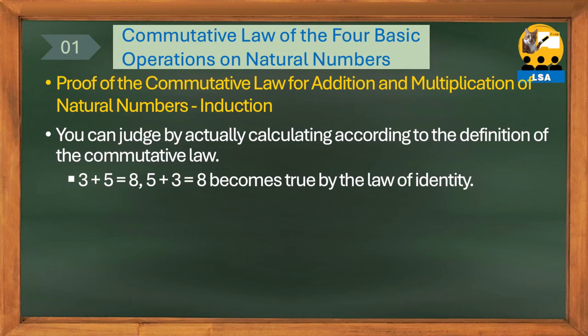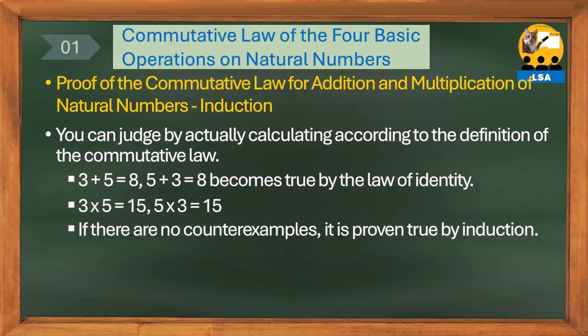In the case of multiplication as well, multiplying 3 by 5 and multiplying 5 by 3 both result in 15, so we can see that the commutative law holds. If there are no false cases even after multiple calculations, if there are no counterexamples, it can be said to be proven true by induction, as we said.